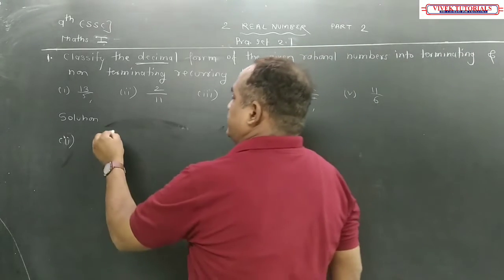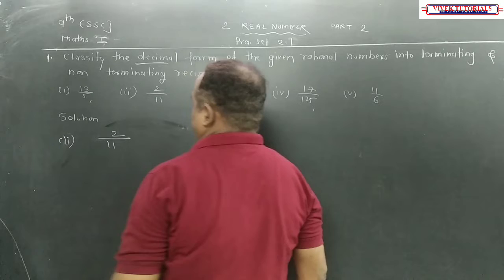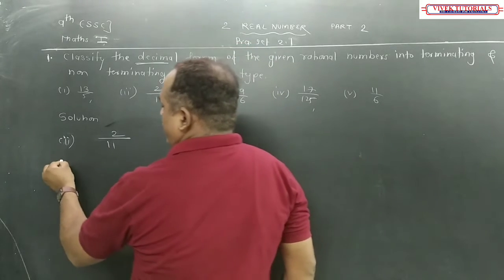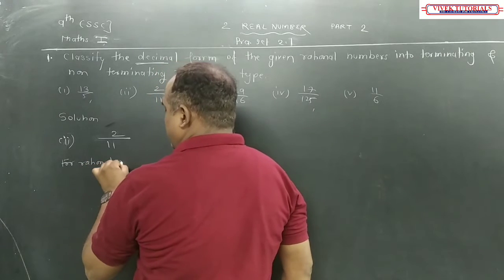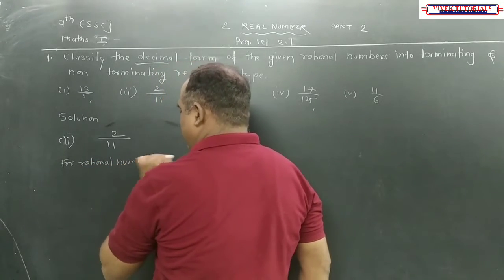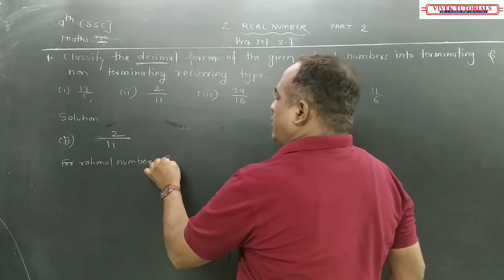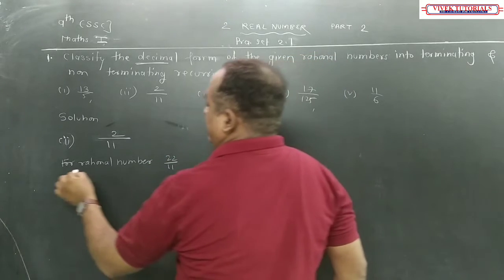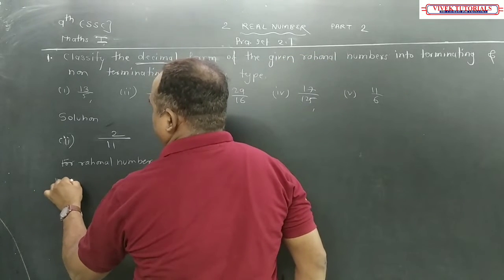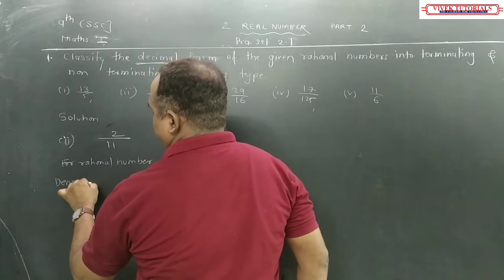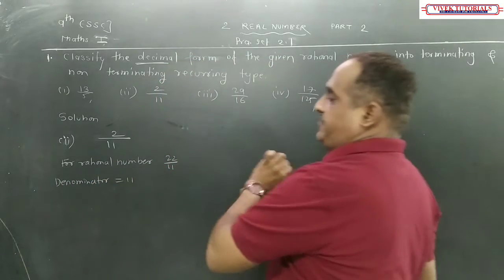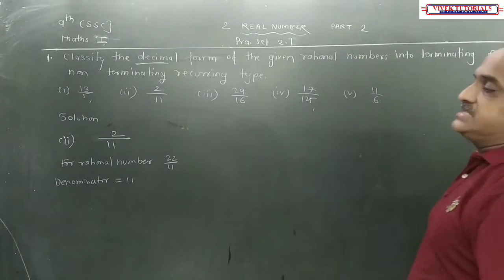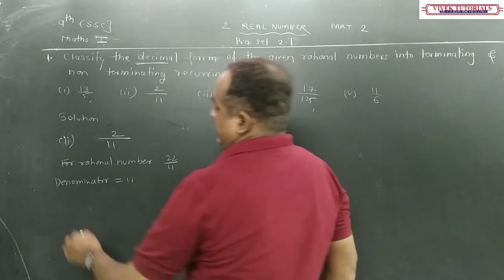Now, see the second question. 2 upon 11. So what I can write? For rational number 2 upon 11, denominator is equal to 11. 11 के factors, 11 into 1 ही होगा, 11 के factors से निकलते ही हैं. Is it right?